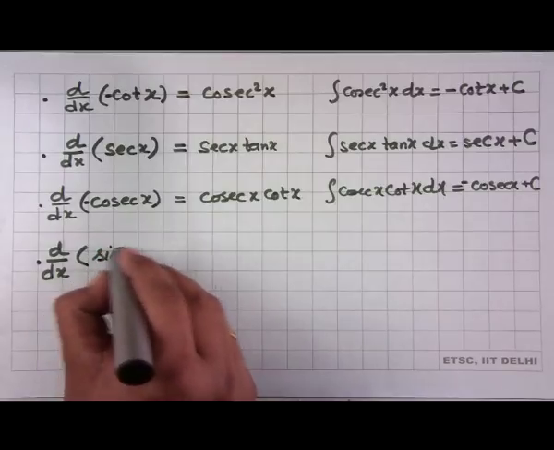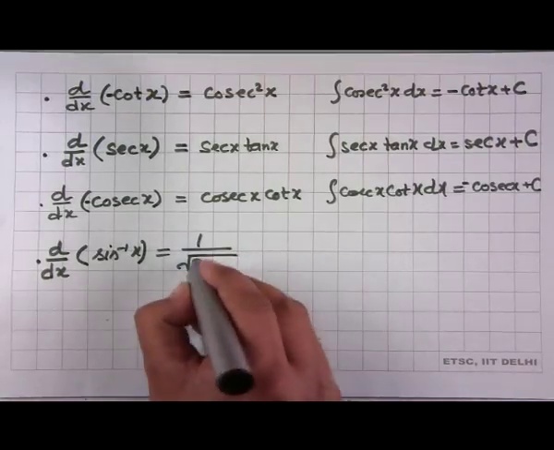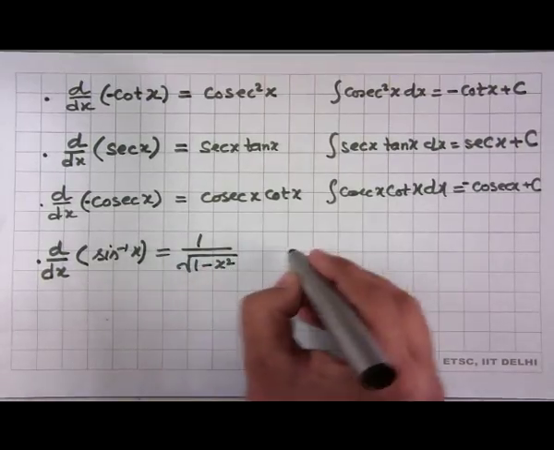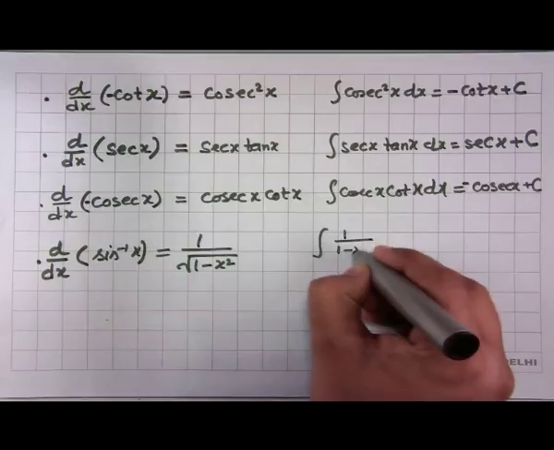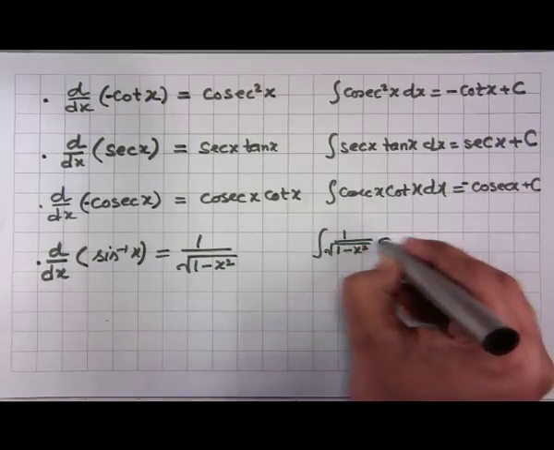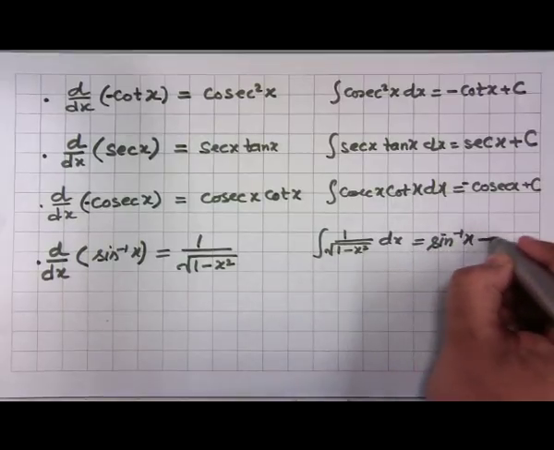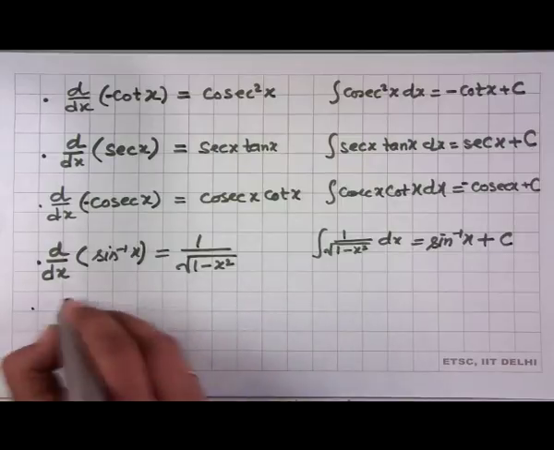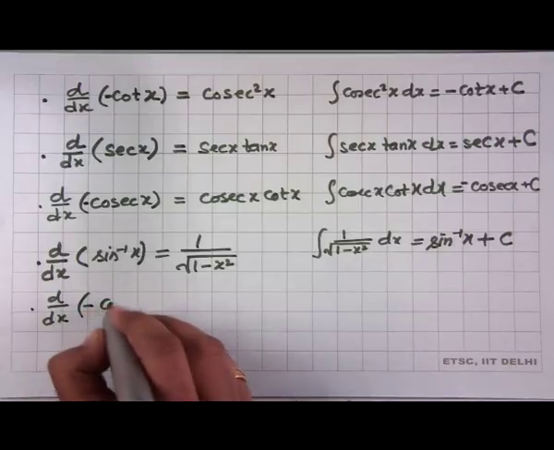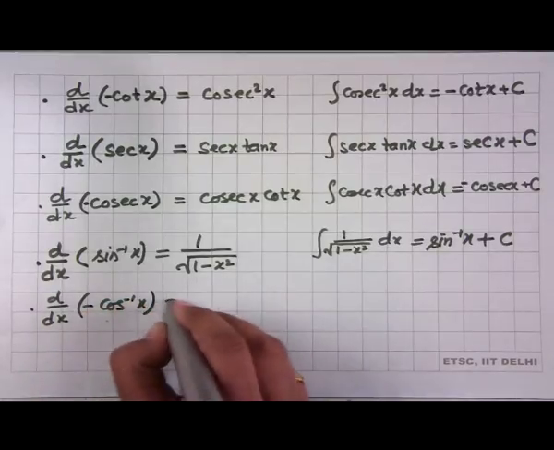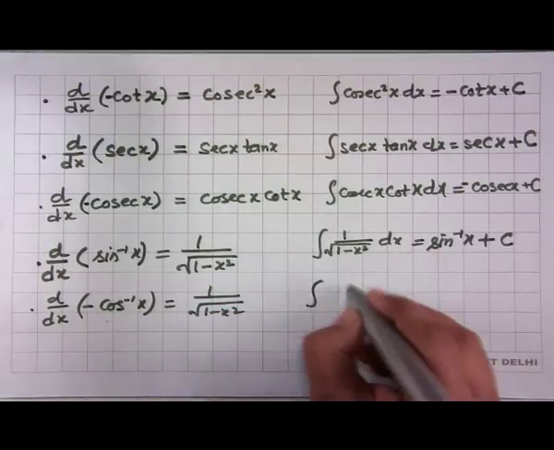D by dx of sin inverse x is 1 over square root of 1 minus x squared, and therefore, the integration for 1 over square root of 1 minus x squared dx is sin inverse x plus constant, and also we have seen that d by dx of minus cos inverse x is also same as 1 over square root of 1 minus x square.